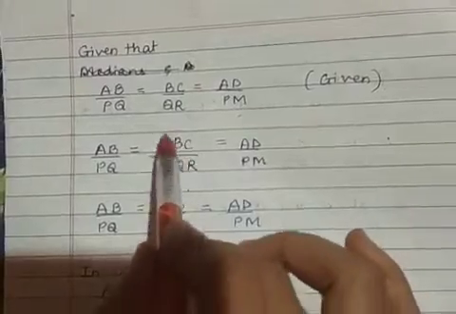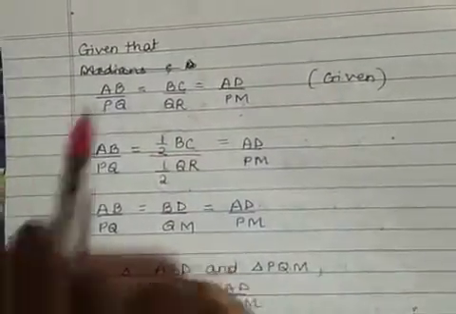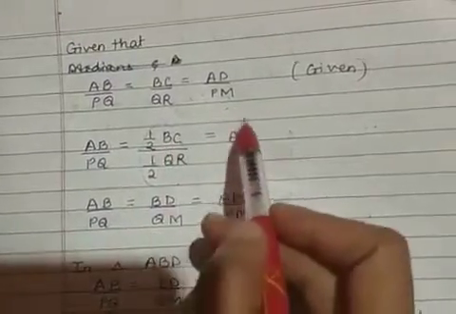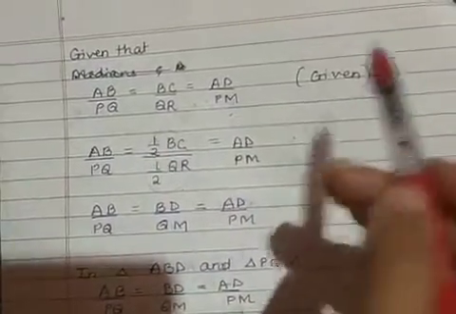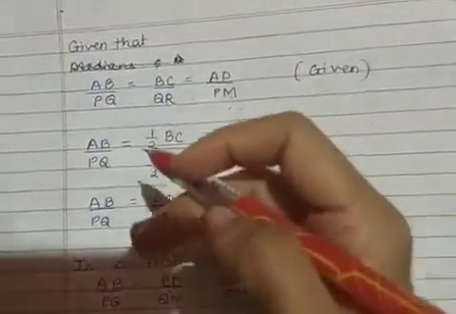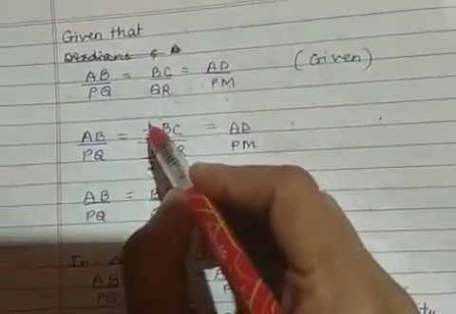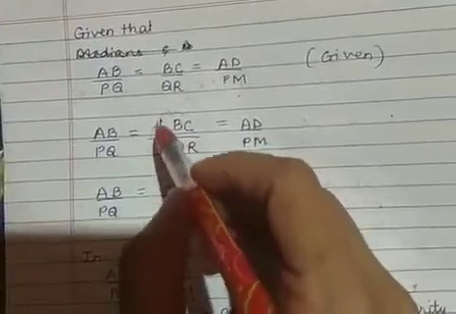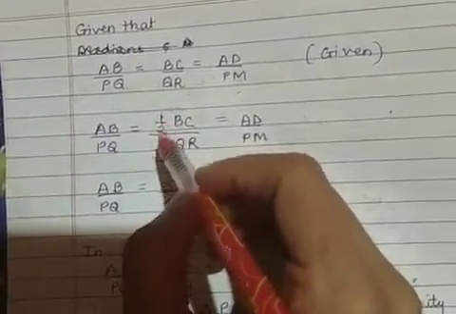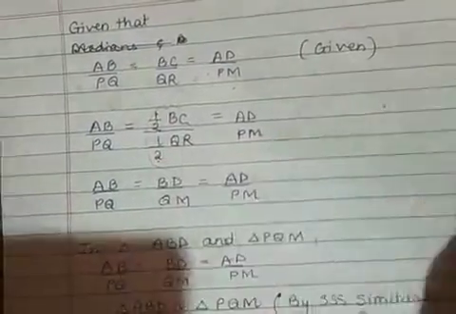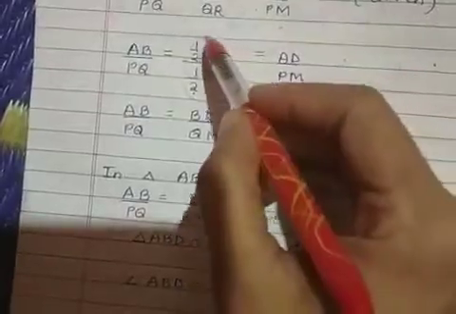Why I am doing this is, in the previous step I showed you that half of BC is equal to BD, so we can get that step here. For that reason I am dividing numerator and denominator by half, and since the same number is divided or multiplied to the numerator as well as the denominator, the proportion or ratio will not change.